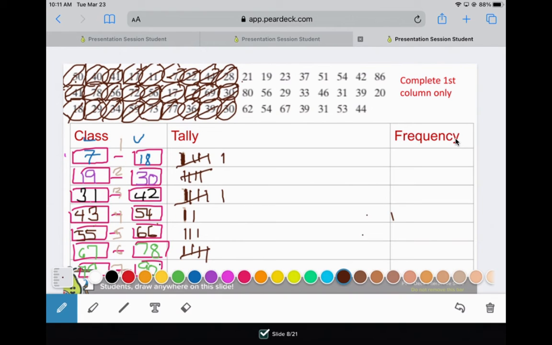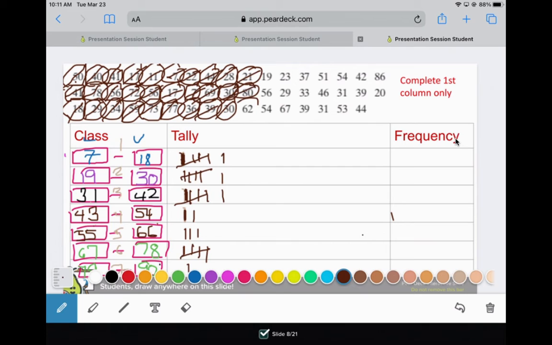Then 21. 21, that should be class 2. I know, it takes a while. Bear with me.